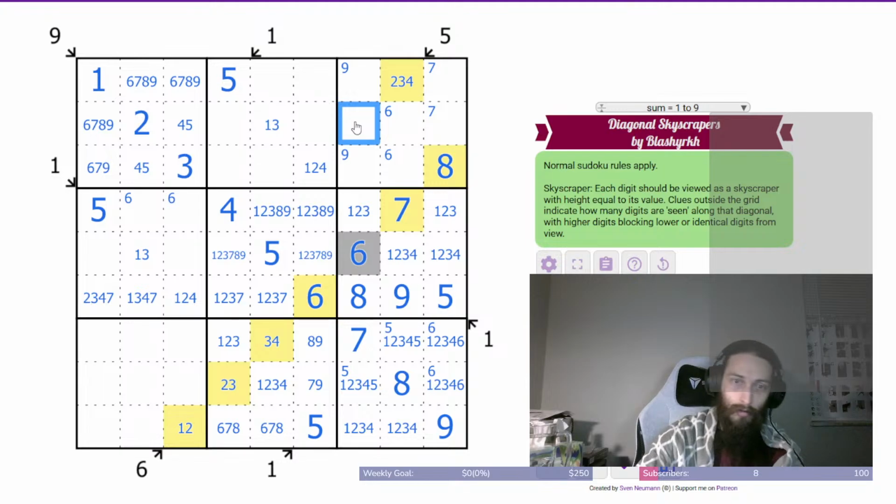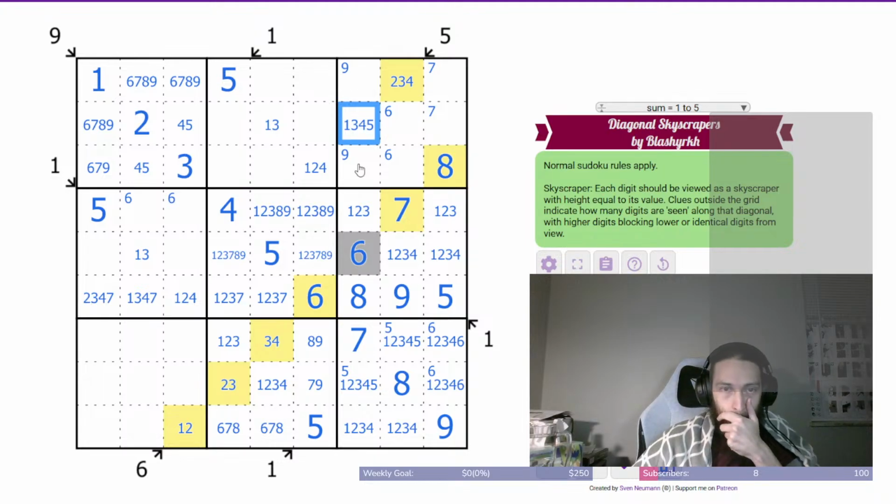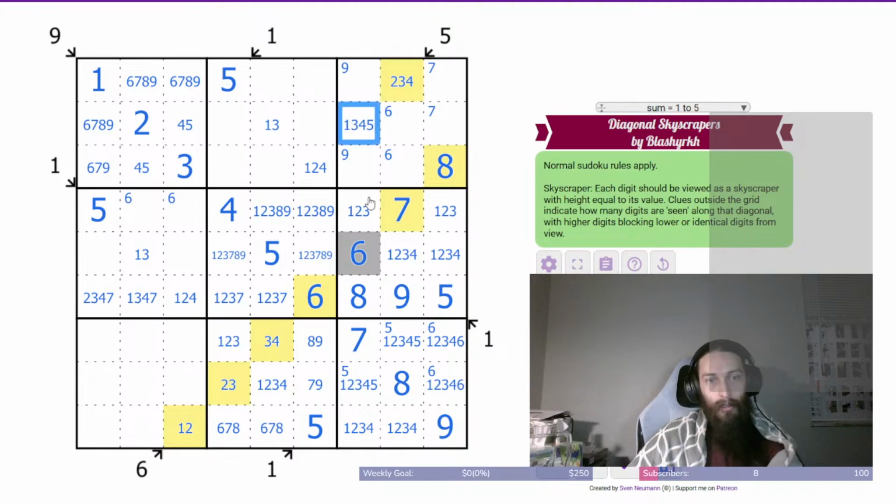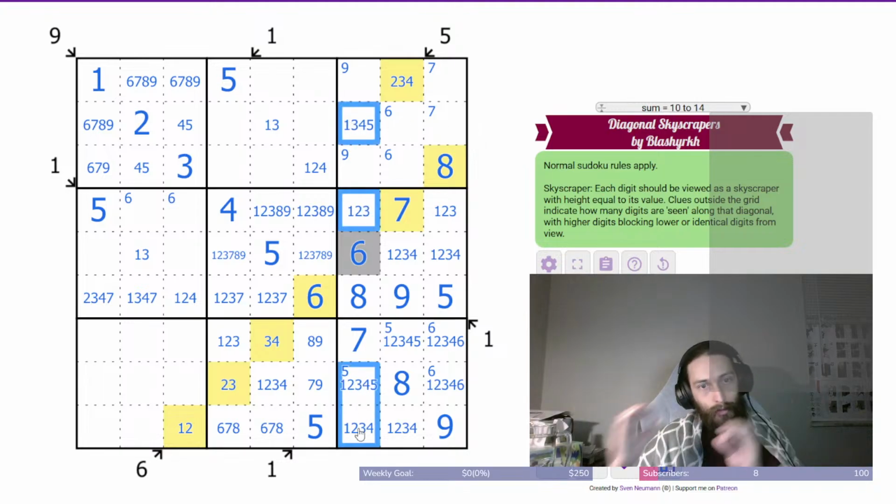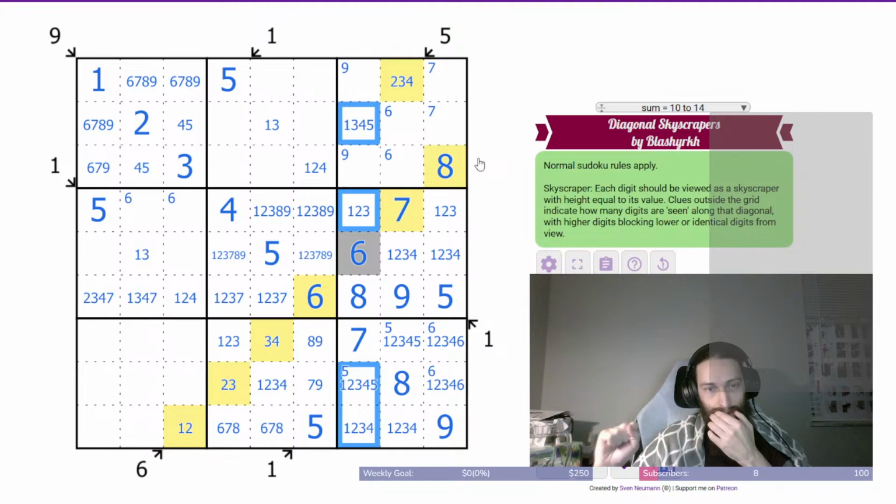So the biggest this digit can be is 6. But it's not a 6, it's also not a 2. One, two, three, 4. Again, just short of a set.